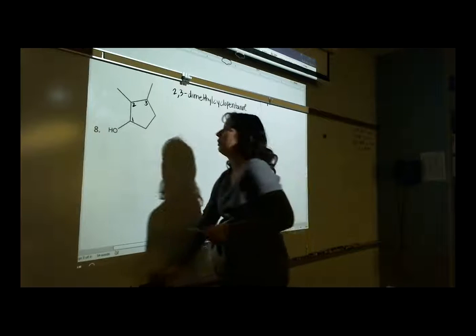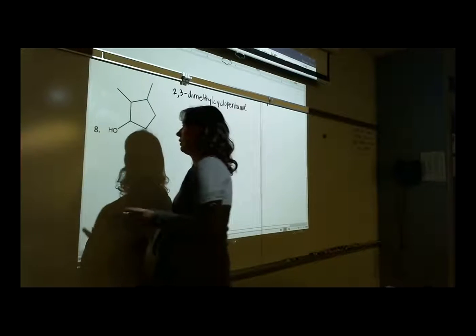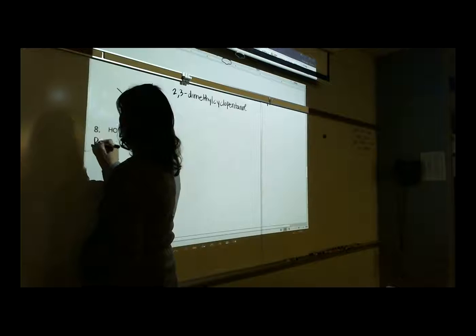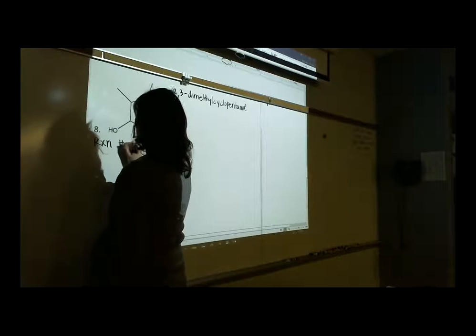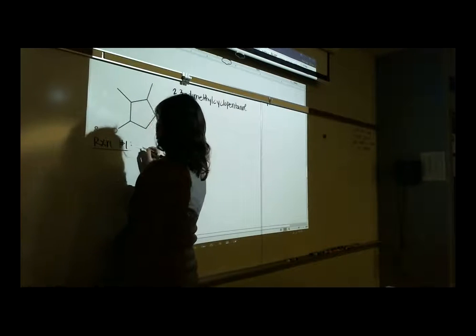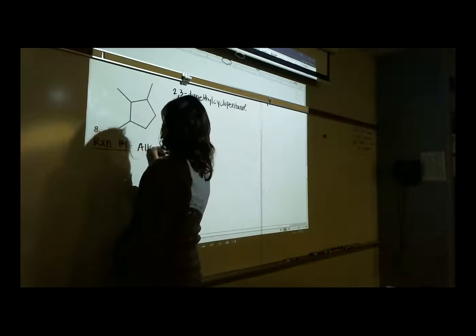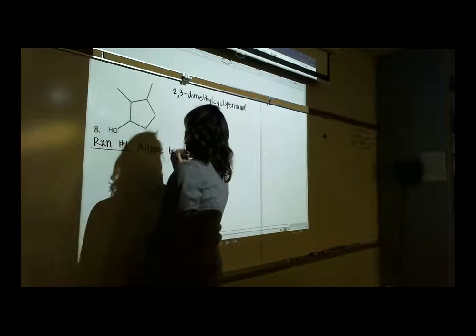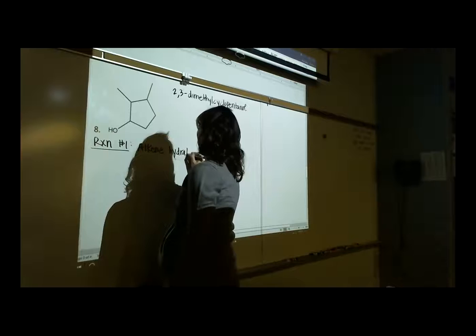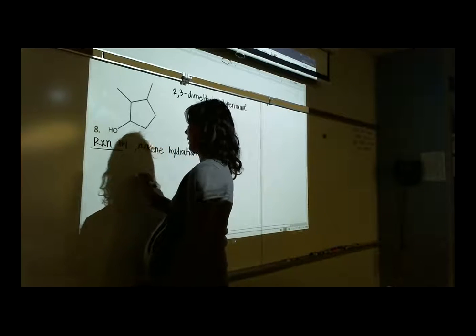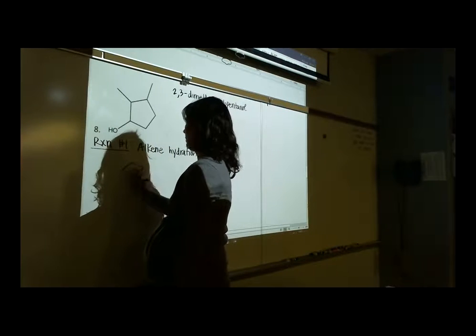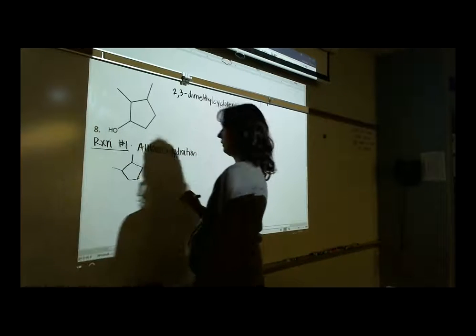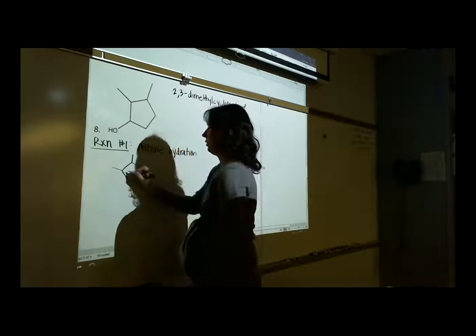All right, so there are two reactions that'll give us the product of interest. Which one did you list first? Okay. So where is the alkene? Where's the double bond? Between the OH and the methyl.